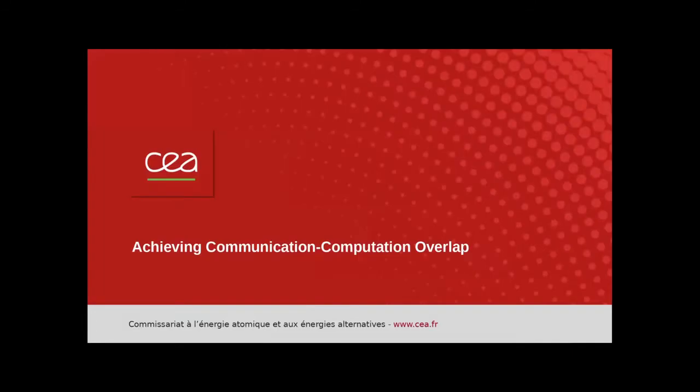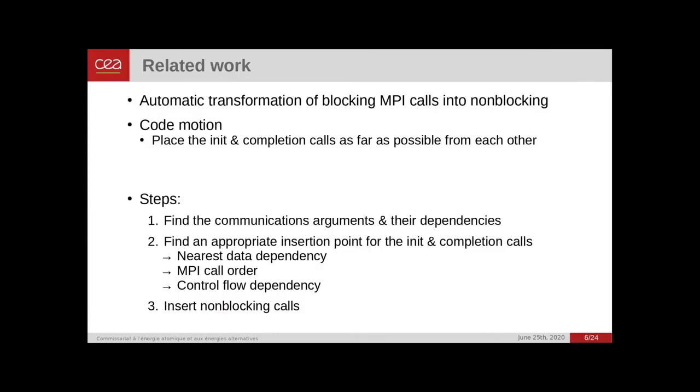Let's have a look at what has been previously done in the literature before introducing our contributions. Some previous studies have proposed techniques to automatically transform blocking MPI codes into their non-blocking form, by applying code motions to place the initialization call and the completion call as far as possible from each other in order to create an overlapping interval. First, they try to identify the communication arguments and then the dependencies.